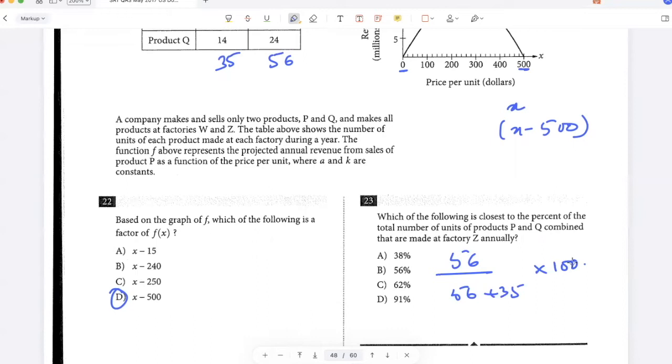What is 56 plus 35? So 91. So 56 by 91 into 100. So that is 5600 divided by 91. So that's 61.5%. So 62.